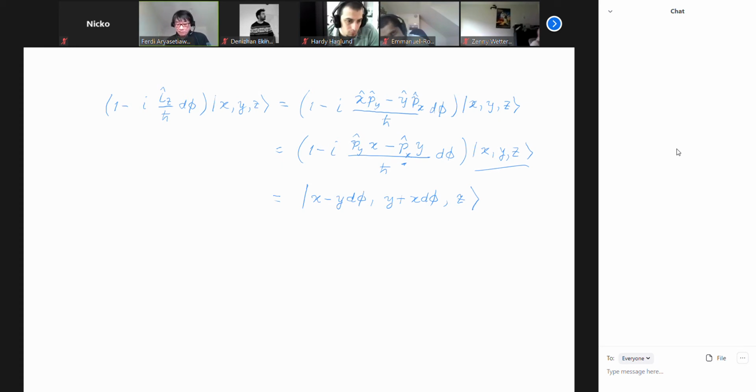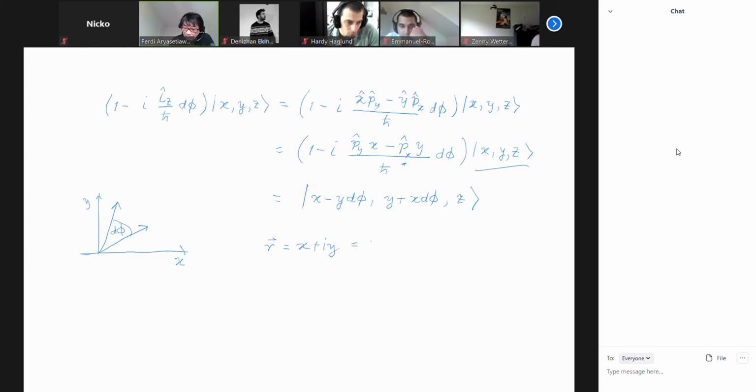So let me continue a little bit, and then we can have a break. So this state is actually just a rotated state. We think about this in the xy plane. This is xy here. And you might think about it as a vector like this. Then the rotated vector is just that one there. And we can see this more explicitly by writing the position as x plus iy.